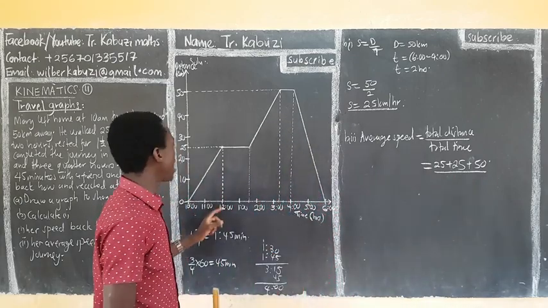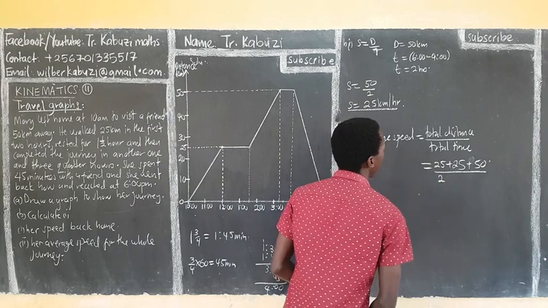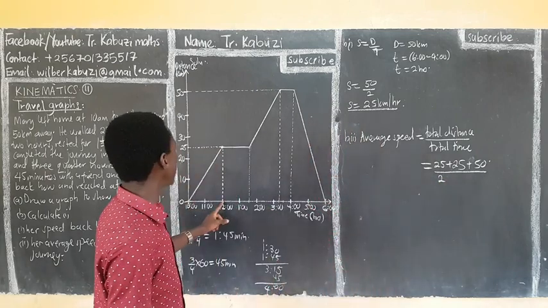Now, from here up to here, she used the 2 hours. From here up to here, she used the 2 hours.